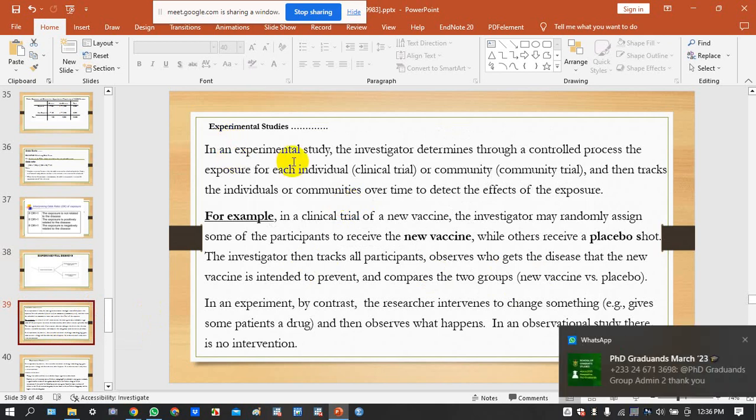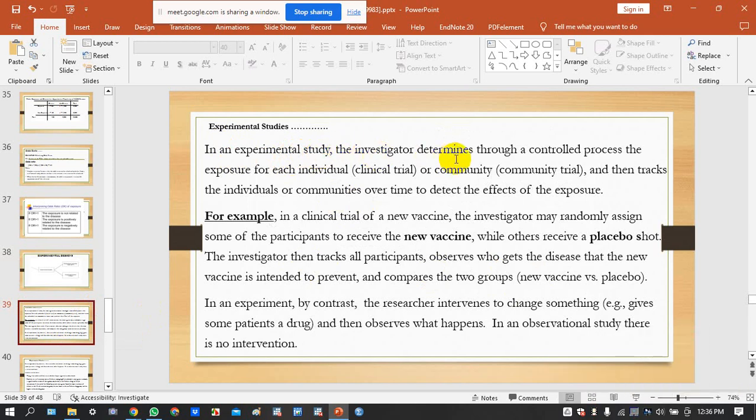So in an experimental study, the investigator determines through a control process the exposure for each individual. That's a clinical trial or community trial, and then tracks the individuals or communities over time.